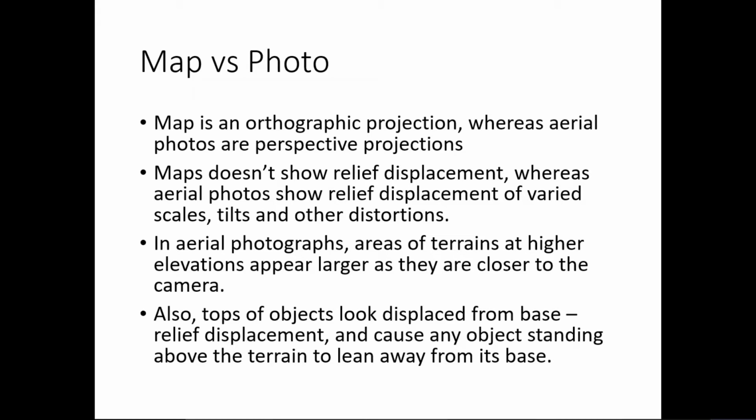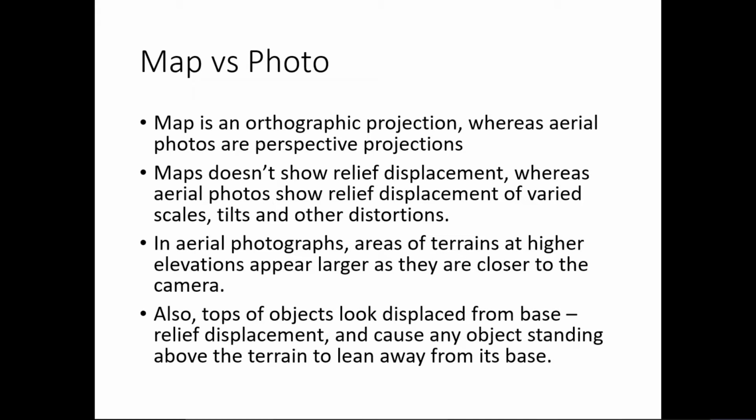Alright, and in these aerial photographs, apart from the relief displacement, as I mentioned, areas of higher elevation also appear larger. Areas at a higher elevation appear larger as they are actually closer to the camera, right? So the taller the structure, the top of the structure might look larger when compared to the surrounding objects because they are closer to the camera, right?